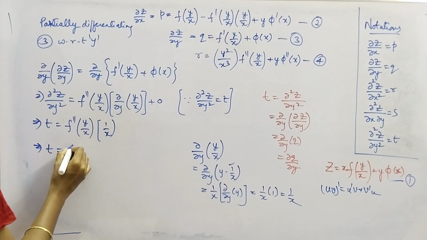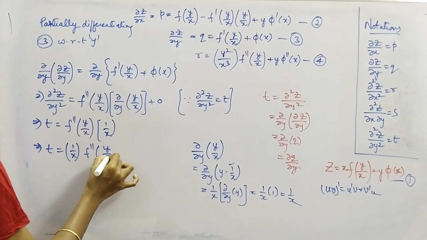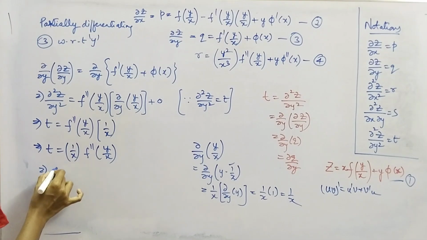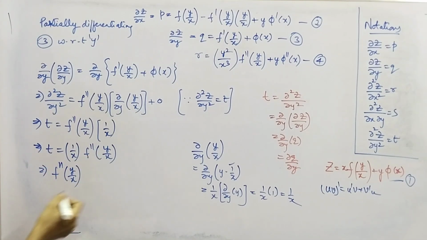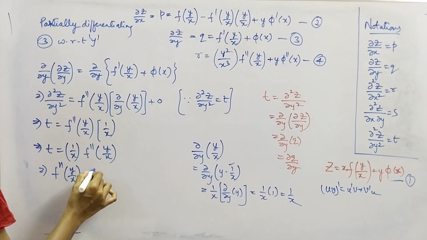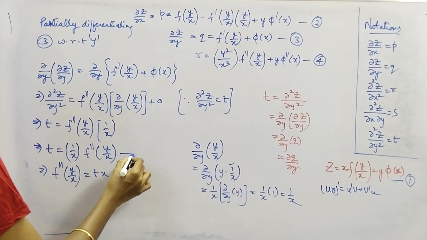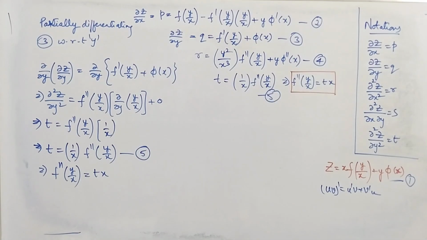I'll get t equal to 1 by x into f double dash of y by x, or from this you can find the value of f double dash of y by x, which gives us x into t, or tx. Consider it as equation number 5. We may use this later.